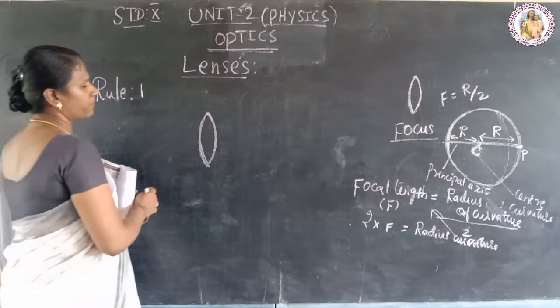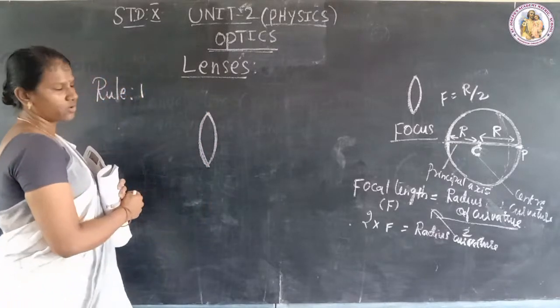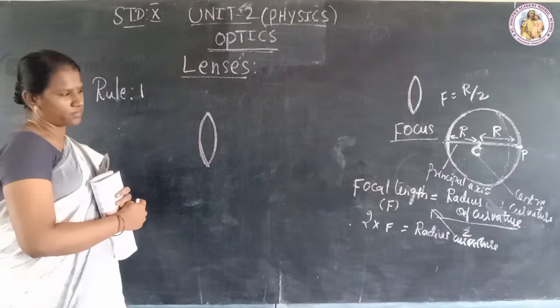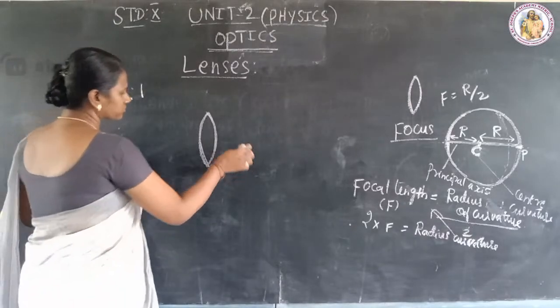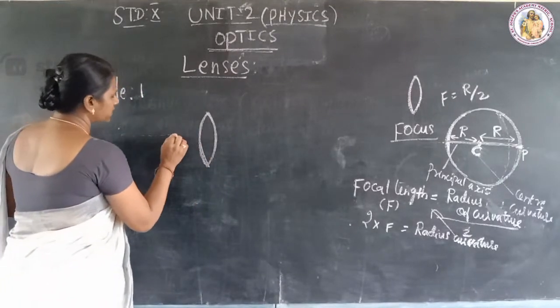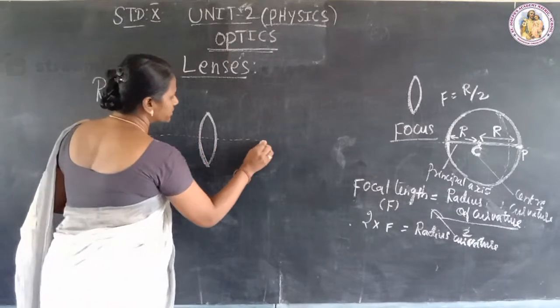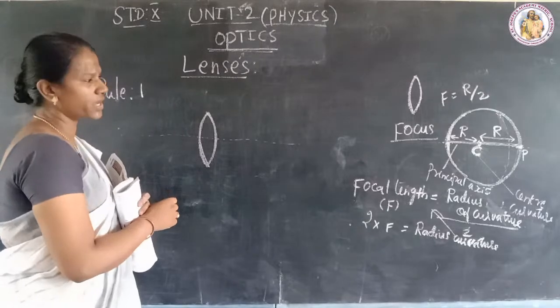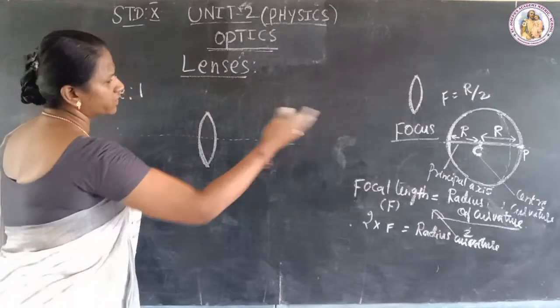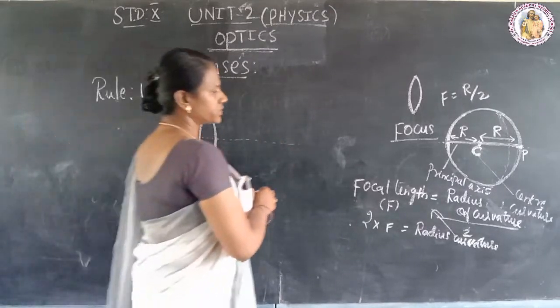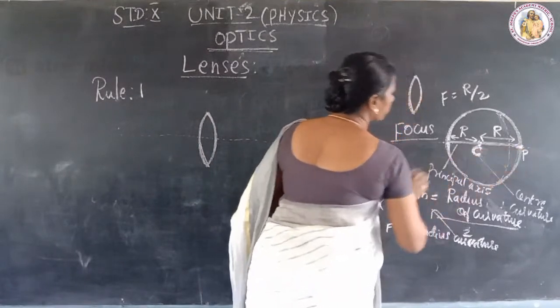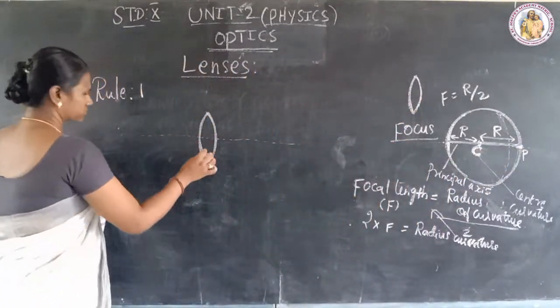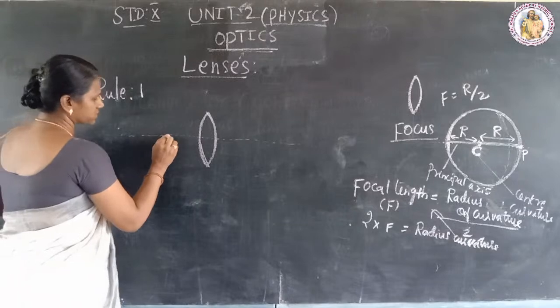It is actually a part of a spherical mirror, which is curved outward. This is the principal axis. The principal axis is the line joining the center of curvature and the pole.